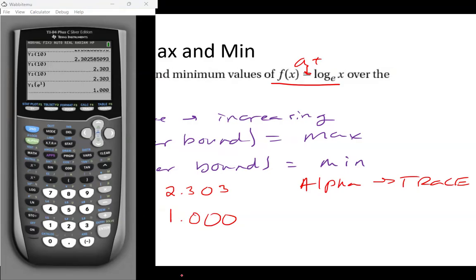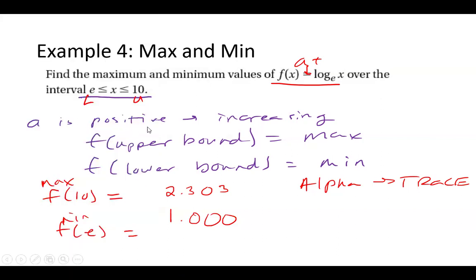So that's the only time you're going to be finding the max and the min. So again, if a is positive, that means it's increasing. So your upper bound is going to give you your max. Your lower bound is going to give you your minimum value. So my upper bound was 10, and it gave me my max value of 2.303, right?